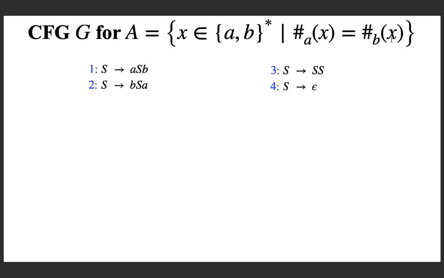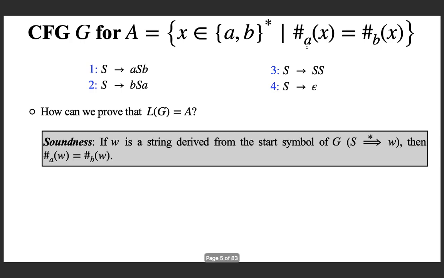And the aim today is to prove that this context-free grammar generates exactly this language. So, we want to prove that the language of this grammar is this set capital A. So, how can we prove it?